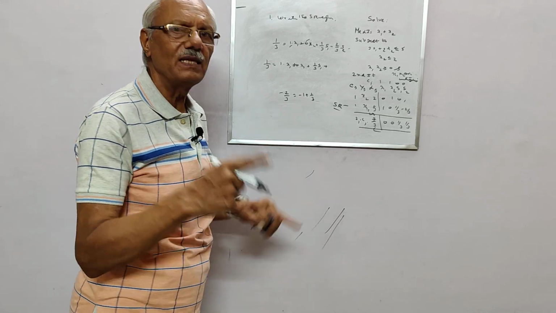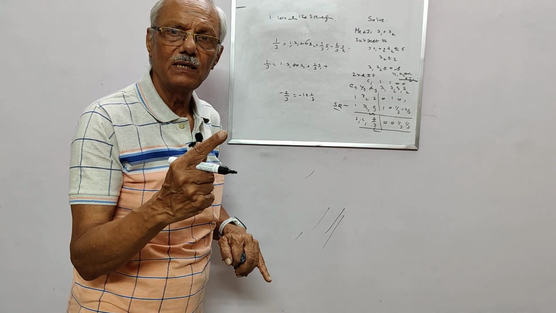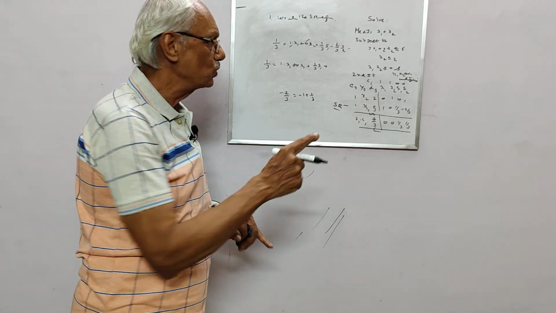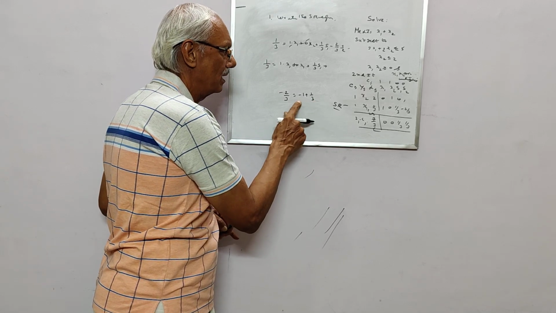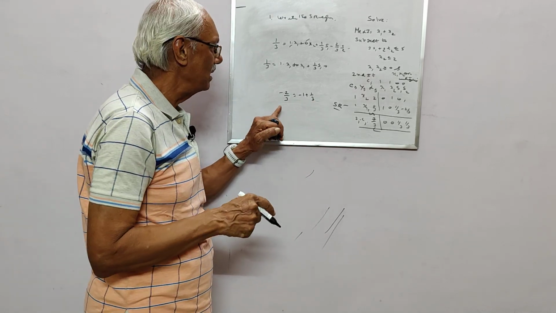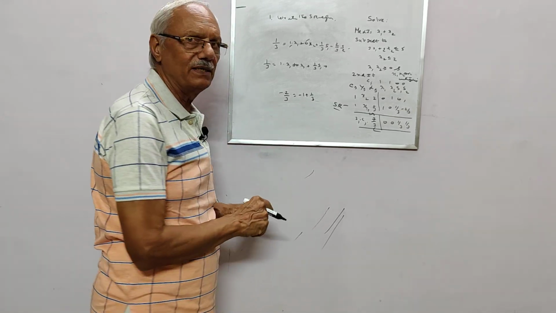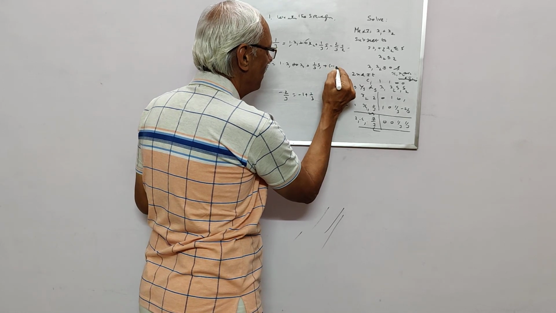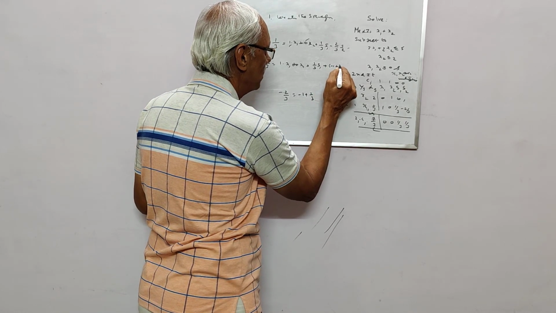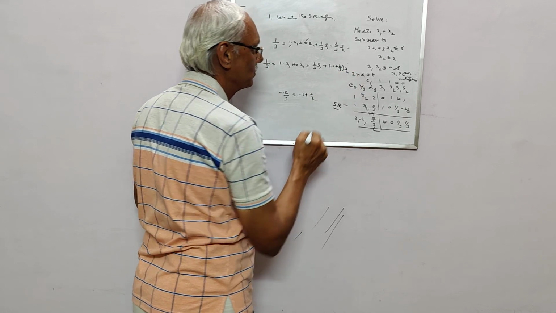So it must be negative, and you add a positive fraction so that after arithmetic simplification you again get minus 2 by 3. That means minus 1 plus 1 by 3 is equal to minus 2 by 3. So in this place, you write minus 1 plus 1 by 3 into s2.